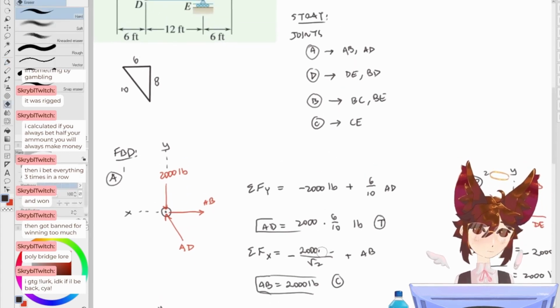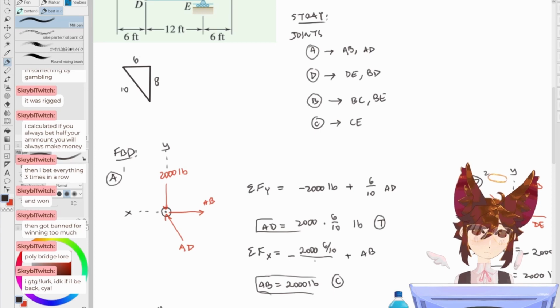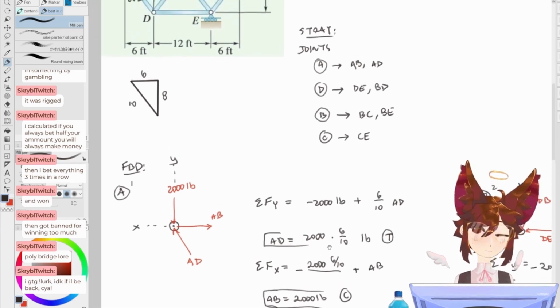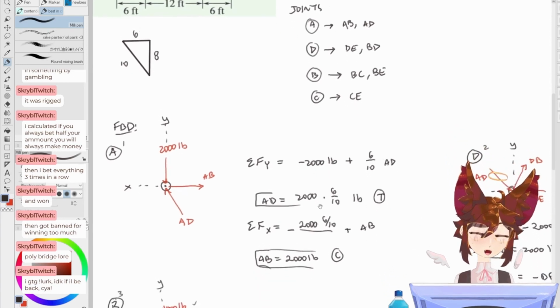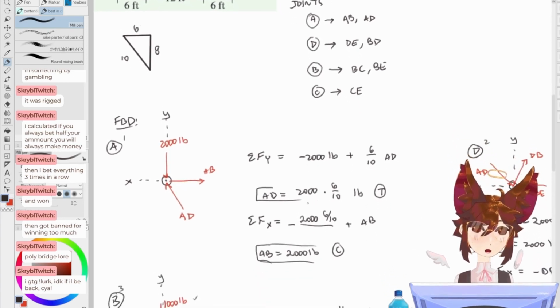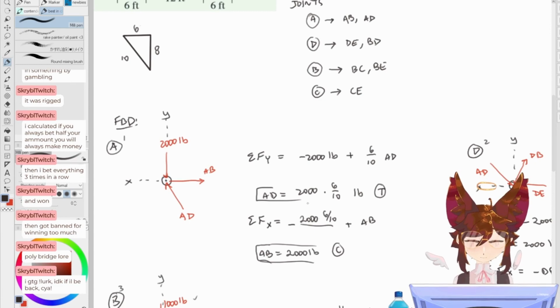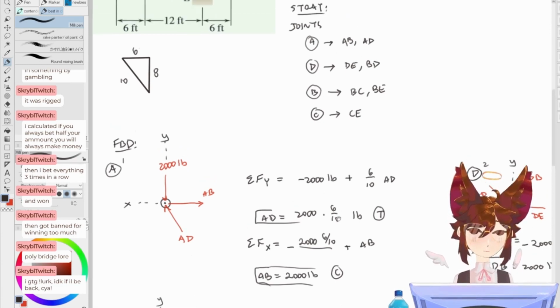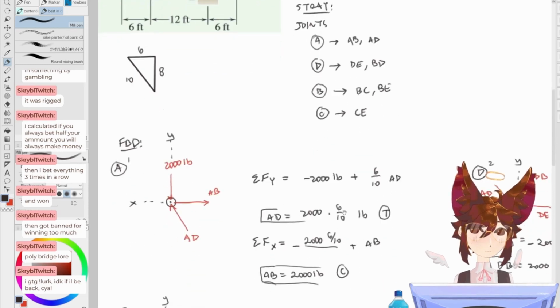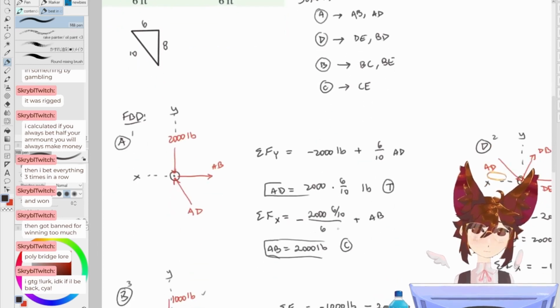Now this becomes 6 over 10 over 10 over 6. Is that right? Let's see. It's f of x. Yeah, so 6 over 10 over 6.